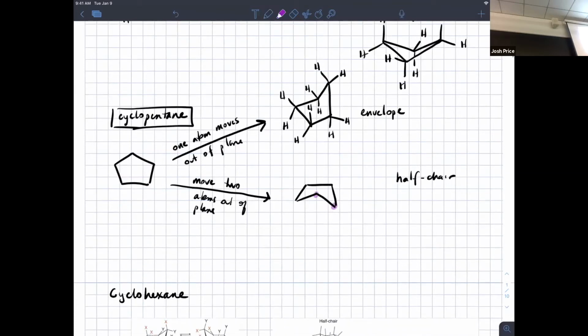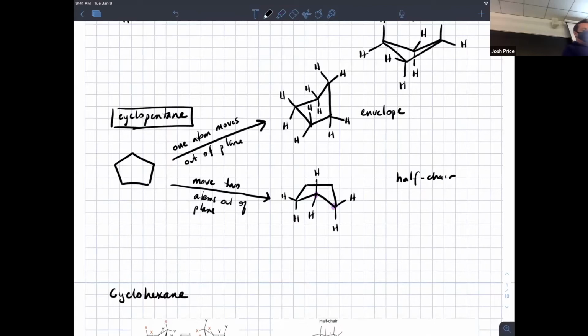And I won't draw in the, well, maybe I will. Some of the protons in the half chair have pseudo-axial / pseudo-equatorial type positions, and others do not. A lot is known about 5-membered ring conformations.